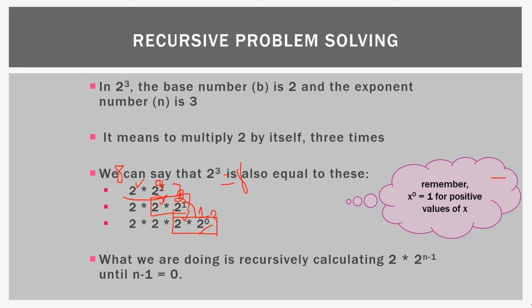So the algorithm that I wrote at the bottom here, we continue to calculate b to the power of n as b times b to the power of n minus 1. And we just keep on doing that until we get to 0 up here.